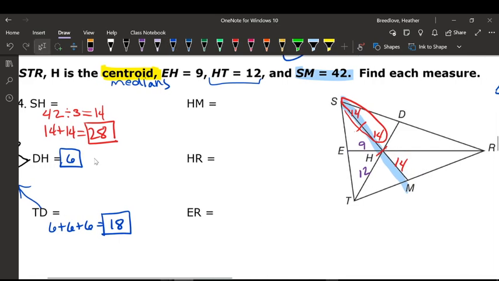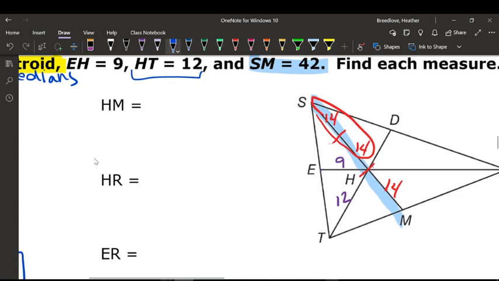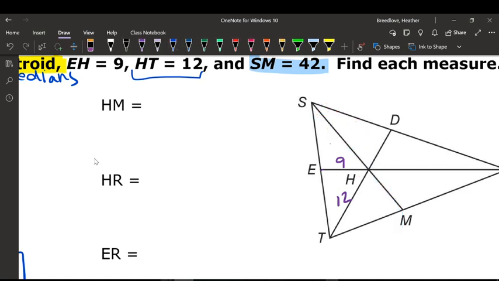All right, so next problem, HM. It's a different median. I'm just going to erase. H to M. Now I'm looking at this, HM. Where does it tell me anything about HM?